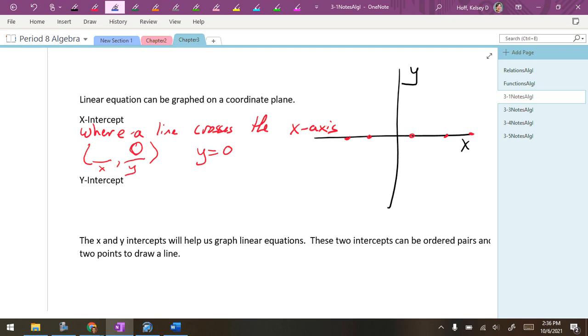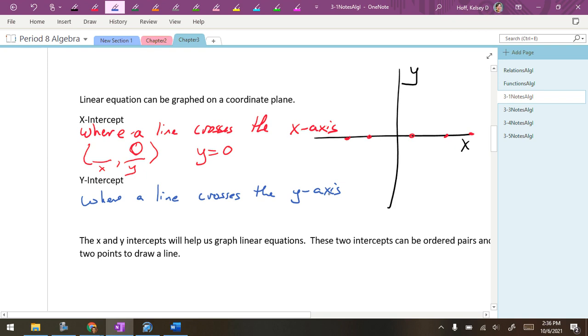Okay, so for the definition of a y-intercept, we can basically change the letter. Agreed? So the y-intercept is where a line crosses the y-axis. Now, Alyssa told us the x-intercept, the y is 0.